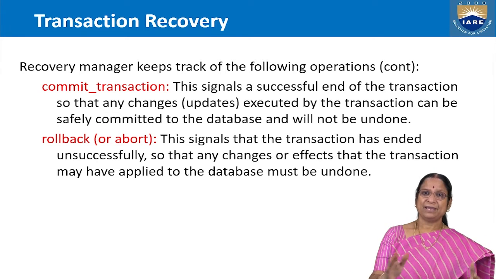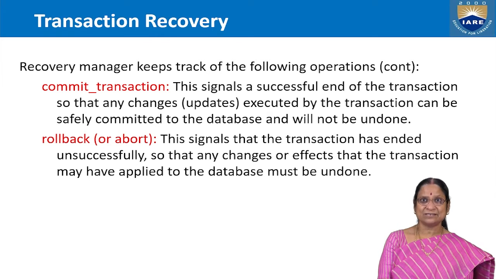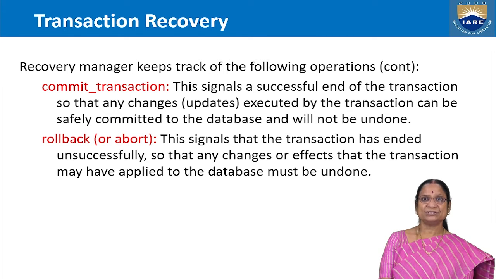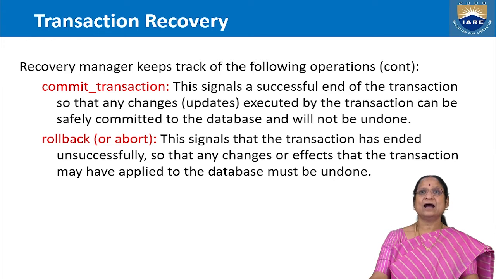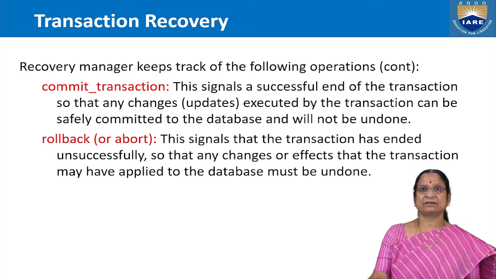We make our database go back to its initial state, that is, whatever the state of the database was before the transaction started. So a transaction signaling abort means it ended unsuccessfully, and in such cases rollback happens, that is, undoing the operations performed by the failed transaction.